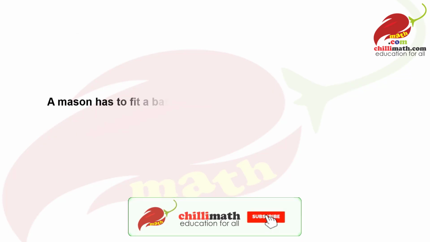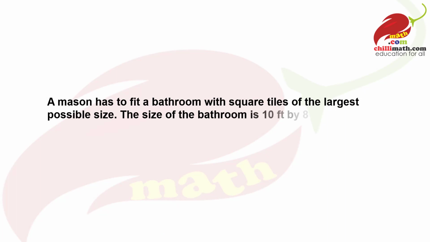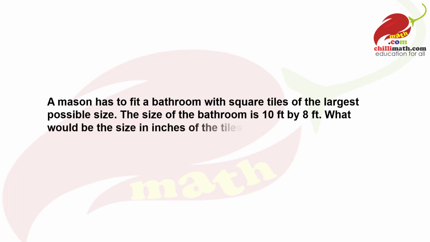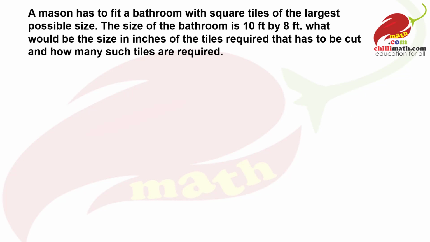A mason has to fit a bathroom with square tiles of the largest possible size. The size of the bathroom is 10 feet by 8 feet. What would be the size in inches of the tiles required that has to be cut, and how many such tiles are required? Solution. Given size of bathroom equals 10 feet by 8 feet.